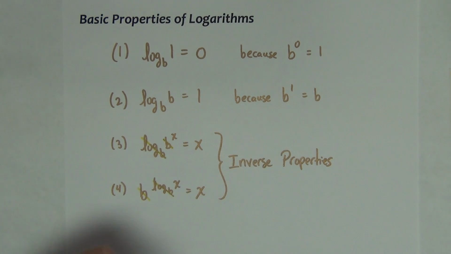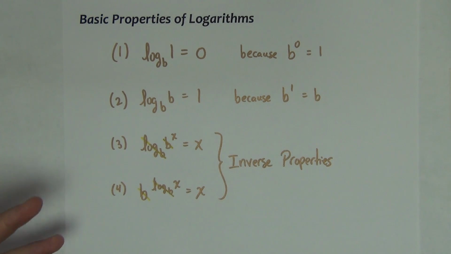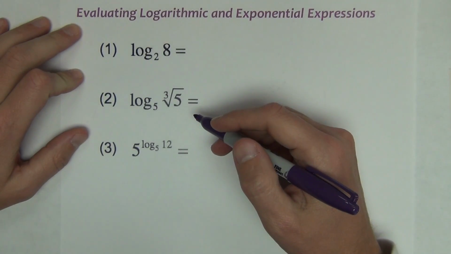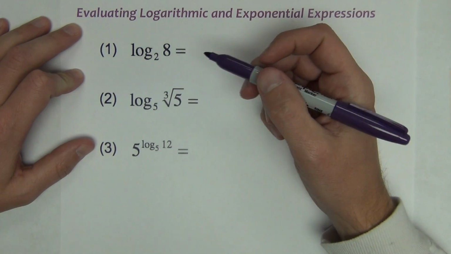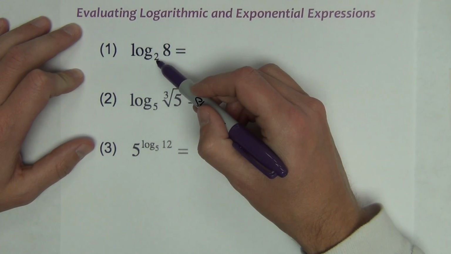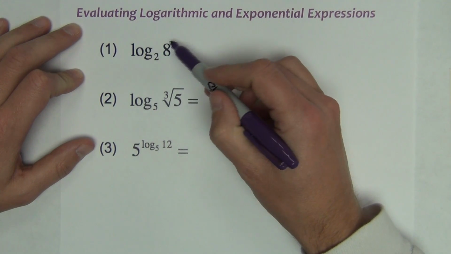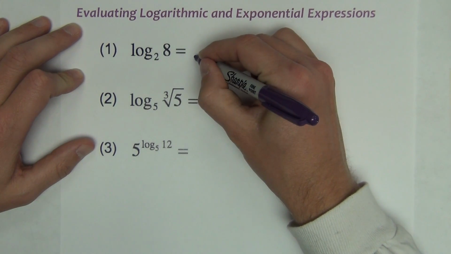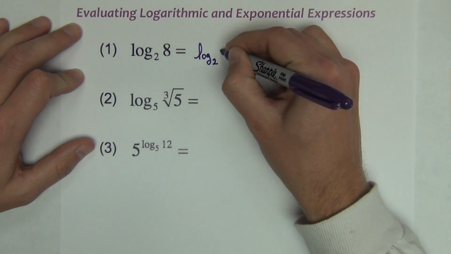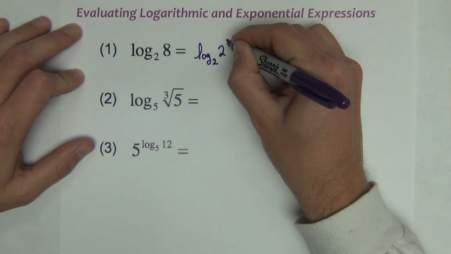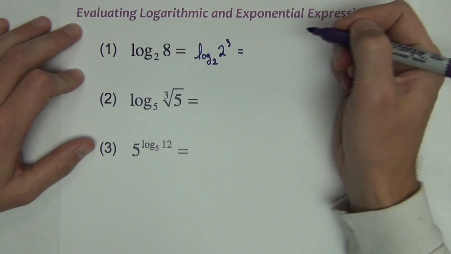Okay, so let's see some illustration of some of these properties as well. First one, log base 2 of 8. Now I know the answer is 3, and you're watching, you probably know the answer is 3 also because 2 to the third power equals 8. But if I use one of these properties, I could rewrite this as log base 2 of 2 cubed, like that.